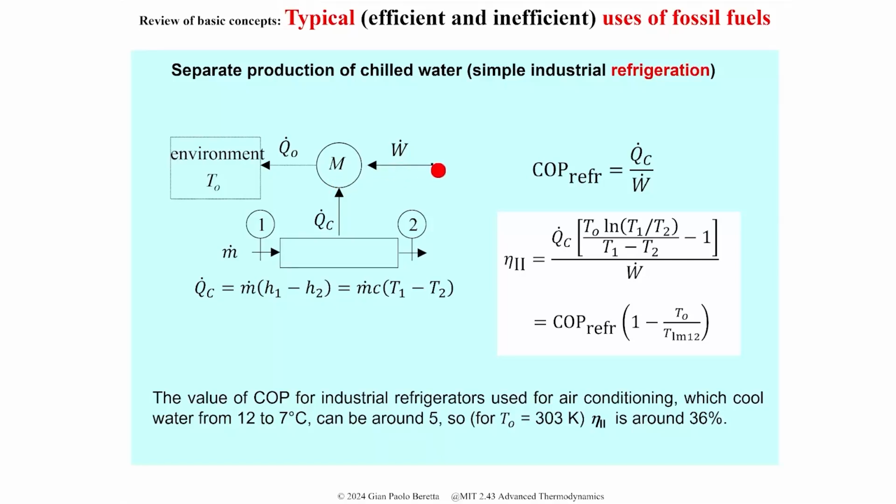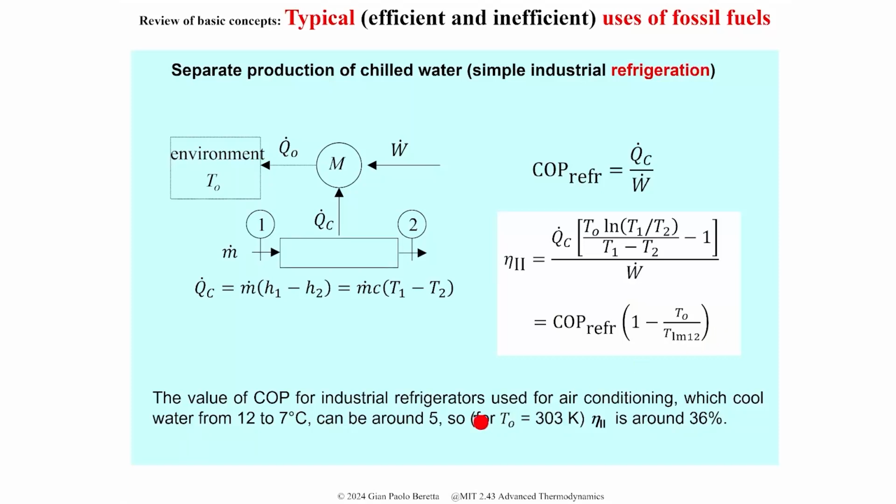So this is the COP. The second law efficiency is, well, you can view this as minus QC times the Carnot coefficient. And again, the second law efficiency, therefore, is the COP times the Carnot coefficient.